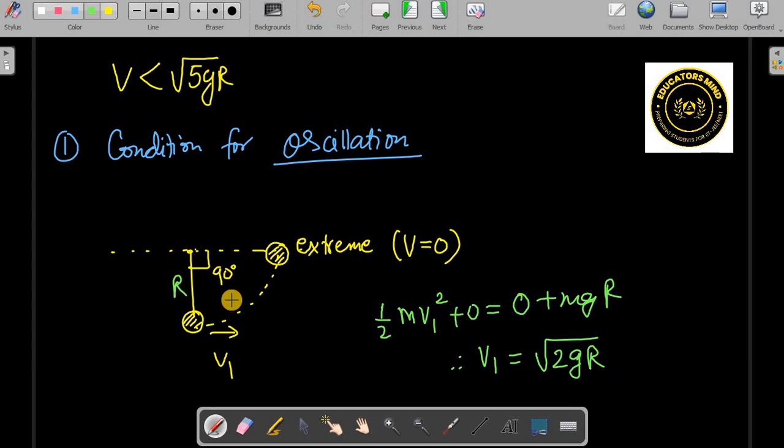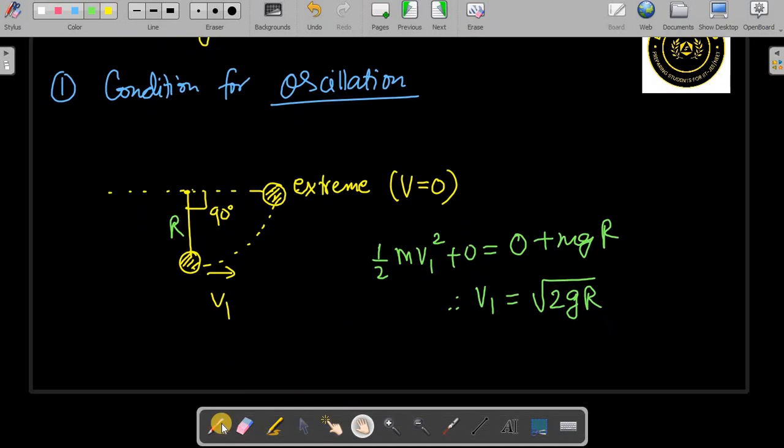So the speed should be less than root 2gr. If it is greater than root 2gr, it will cross this point. So speed v1 should be less than root 2gr for the condition of oscillation.